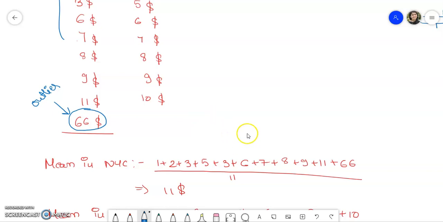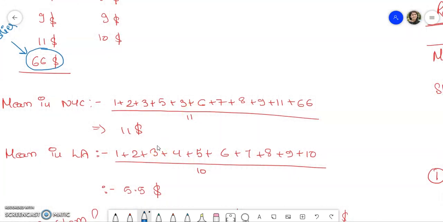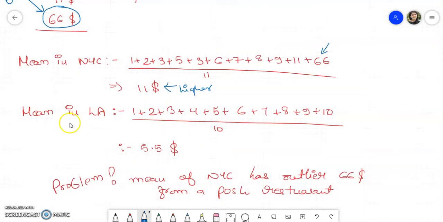If I calculate the mean in NYC, I'm getting $11, which is higher, okay. It's getting higher because of this outlier. But in LA, all data points are fine and there's no outlier present over here, and the mean is almost fine.